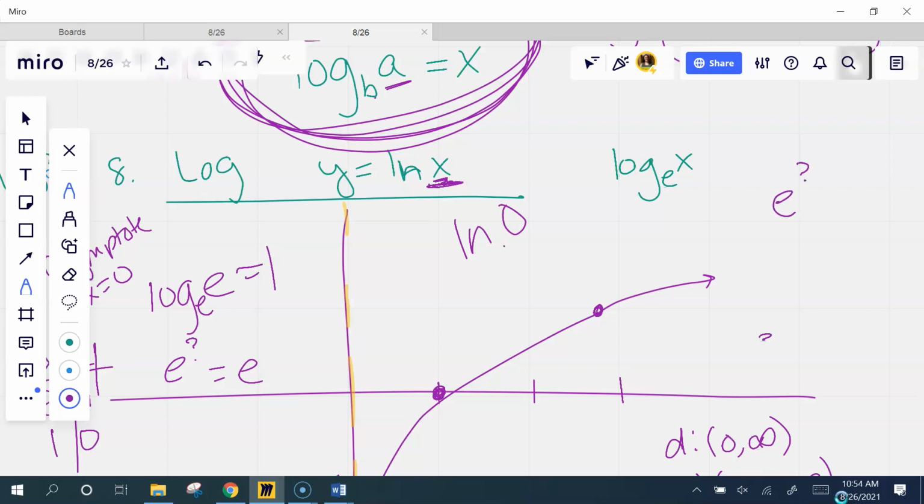Is there anything you can raise E to get 0? Better yet, if I put any value in there, let's say 5. Is there any power I could raise 5 to and get 0? What's anything to the 0 power? 1.